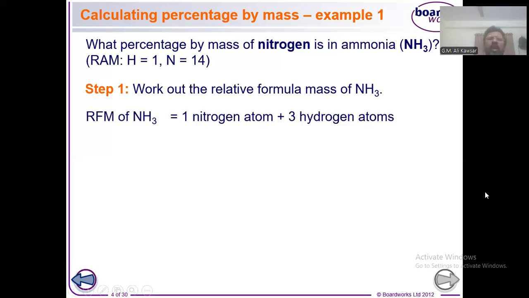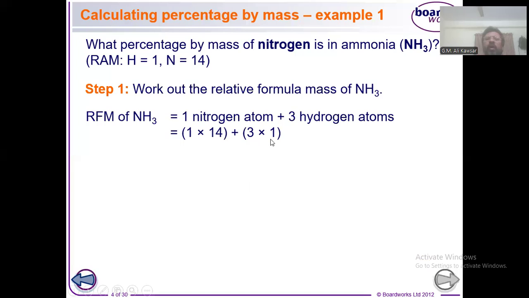The periodic table says that one atom of nitrogen's atomic mass is 14 and hydrogen's atomic mass is 1. So one atom of nitrogen present in ammonia is 14, and 3 atoms of hydrogen are present in ammonia.